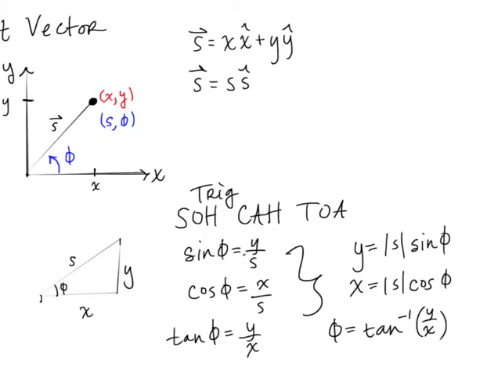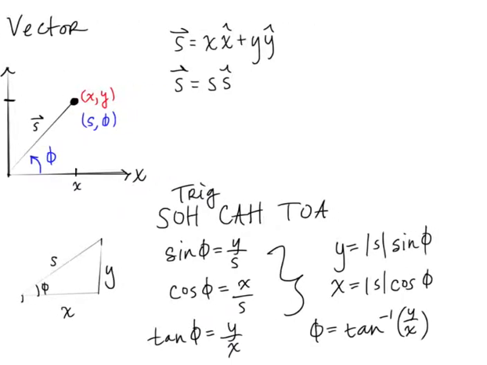I just multiply sine phi by s and it gives me y, and multiply cosine phi by s, and the x over s times s cancels the s, and then I have x. And for the trig function, I can just take inverse tan, and it will give me phi.